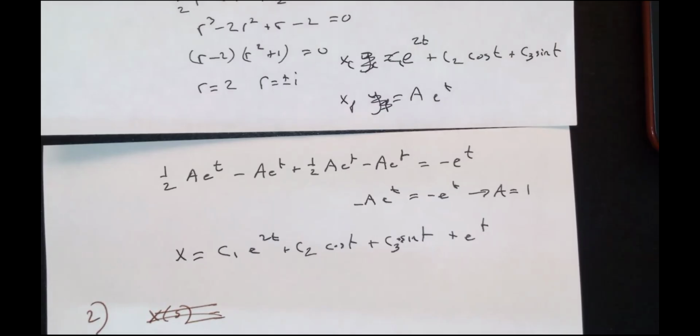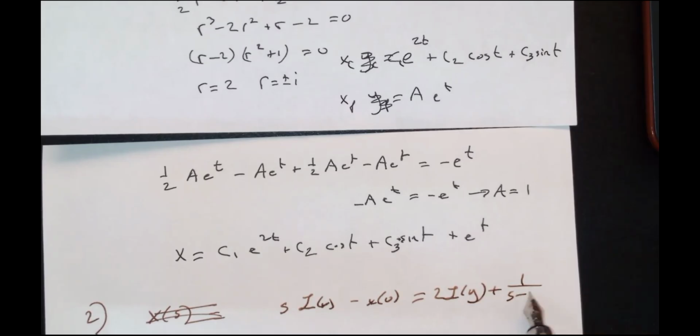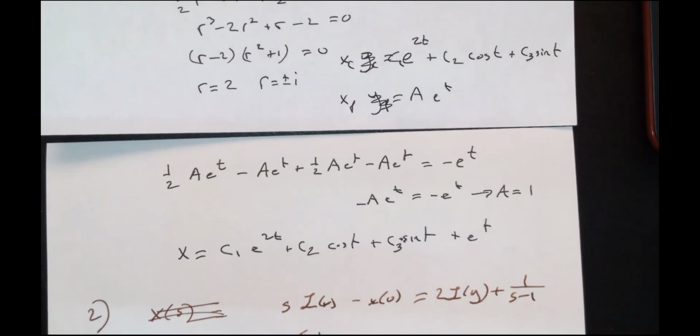So I get s times the Laplace transform of x minus x of 0 equals 2 times the Laplace transform of y plus 1 over s minus 1. And then I get s times the Laplace transform of y minus y of 0 equals, is that an 8? Yes. 8 times the Laplace transform of x minus 1 over s squared.